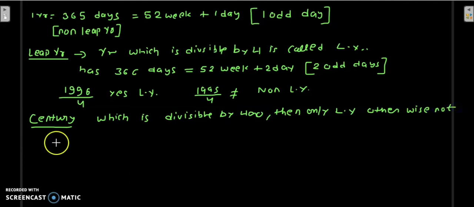For example, suppose I am talking about the 1600 century. 1600 is divisible by 4 completely, the remainder is 0, so yes, 1600 is a leap year.